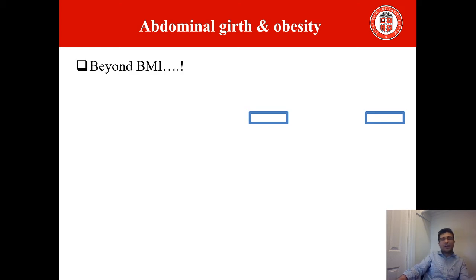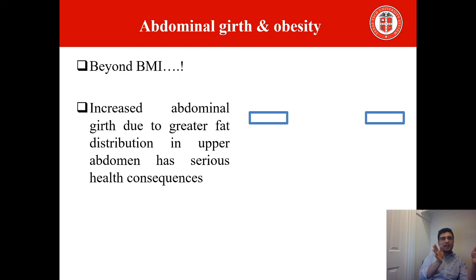So we have to think beyond BMI. The abdominal girth, which we measure, reflects the distribution of fat in the upper abdomen, which has all those serious consequences which I have already talked about in the context of diabetes, hypertension, obesity, and hypercholesterolemia.